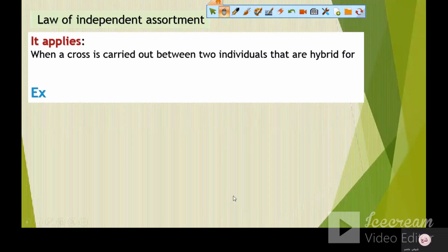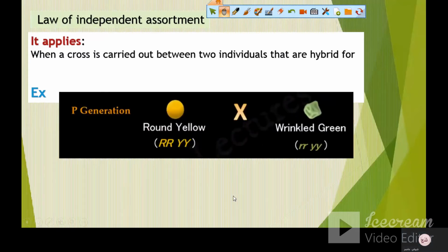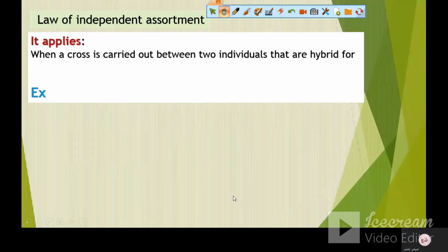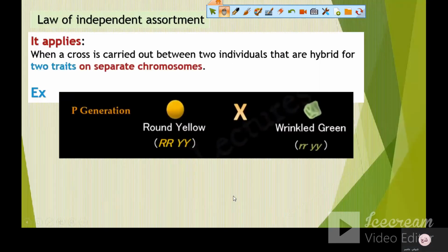The third rule is the law of independent assortment. What is meant by the law of independent assortment? It applies when a cross is carried out between two individuals that are hybrid for two traits on separate chromosomes.